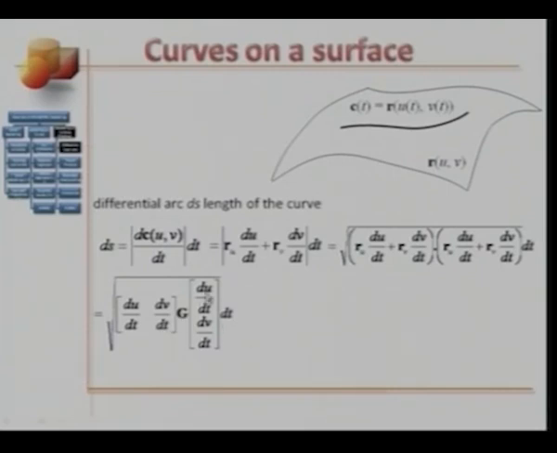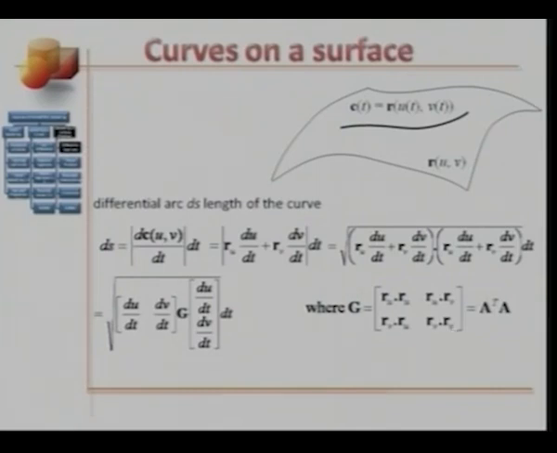The rest of the expressions, they remain there. As I said, G is this 2 by 2 matrix with ru dotted with ru, ru dotted with rv, rv dotted with ru, rv dotted with rv as 4 elements.